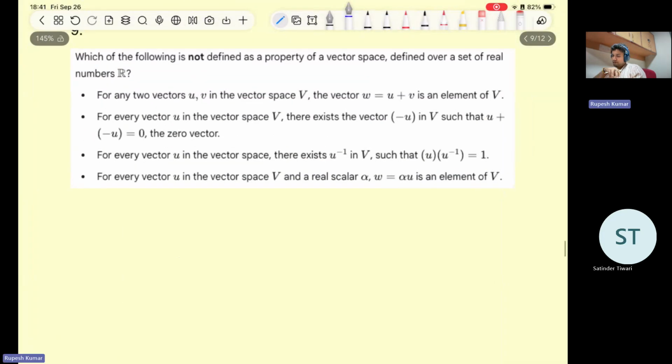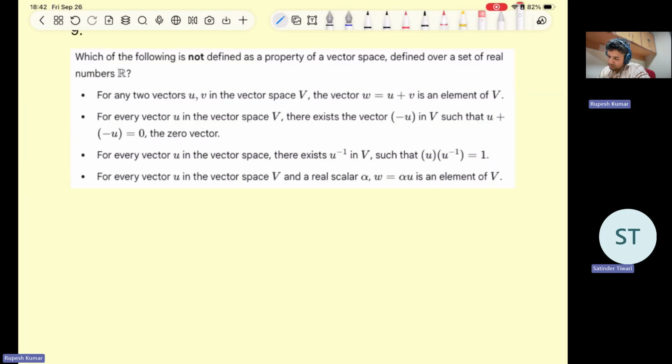Which of the following is not a defined property of a vector space defined over the set of real numbers? For any two vectors in the vector space, the sum has to be an element of the space, right? That has to be true always.